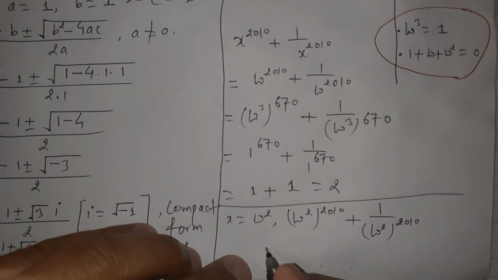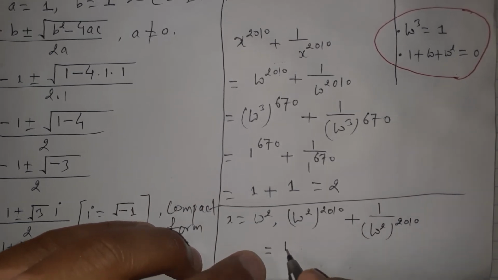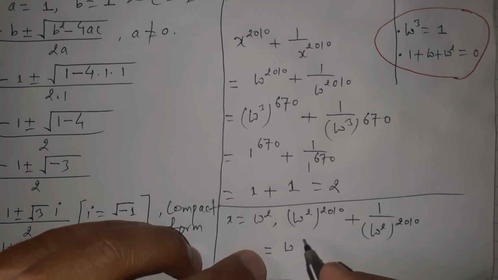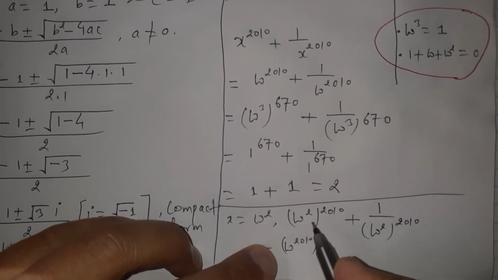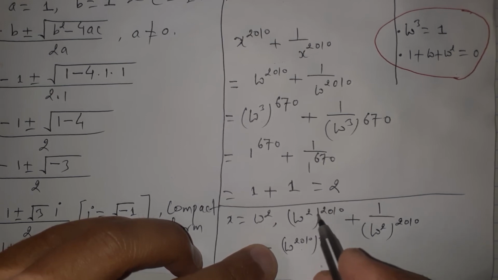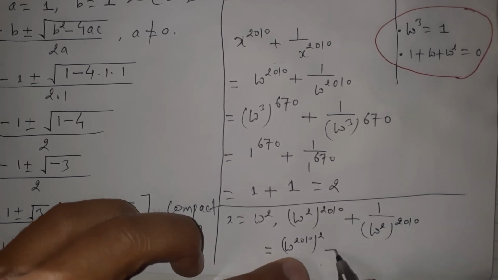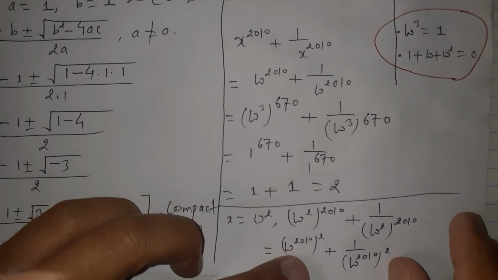Now doing the simplification, this can be written as omega raised to the power 2010, raised to the power 2. Here we just interchange the powers. We can interchange the two powers using the laws of indices.